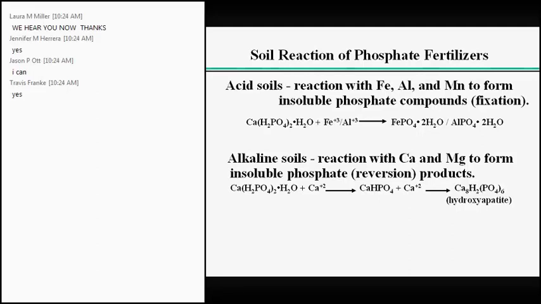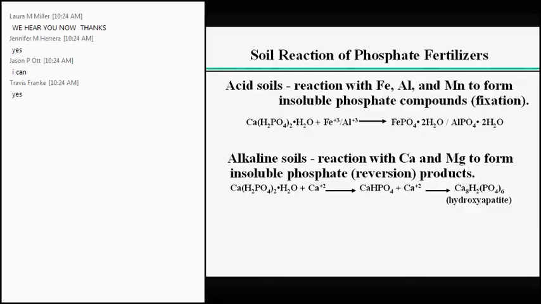So it's an actual reaction with the calcium phosphate or whatever the phosphorus fertilizer is that we're actually adding. So just to give you an example, in this particular example for the acid soils, we have either iron +3 or aluminum +3 replaces the calcium on the phosphate, and so we form an iron or aluminum phosphate.